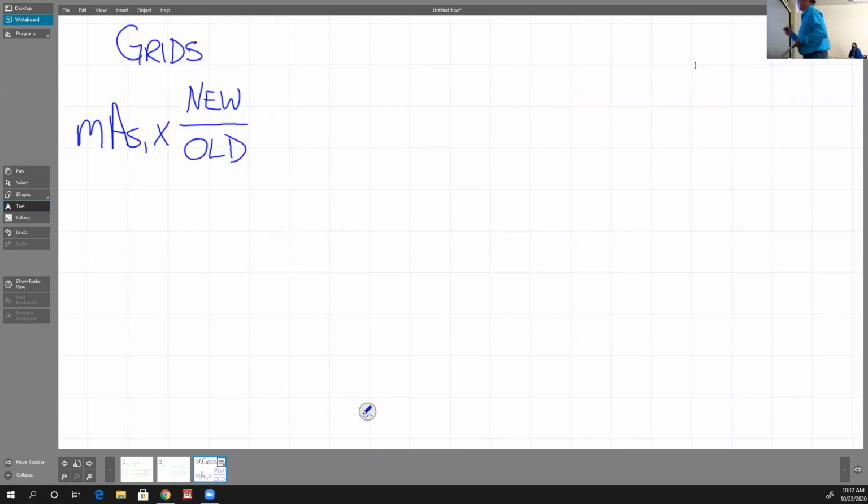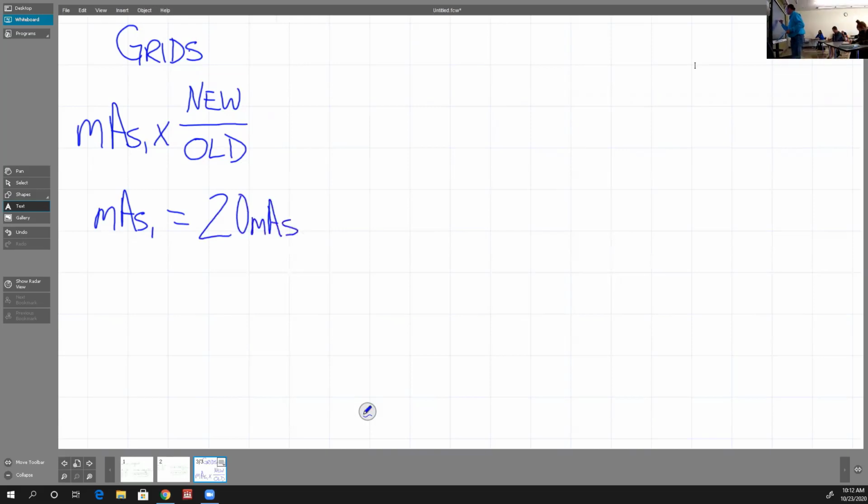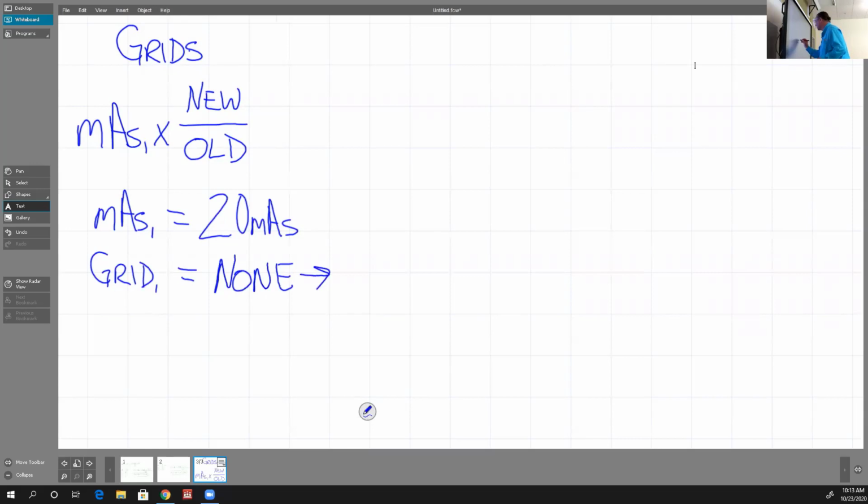So if I have mass 1 is 20, and grid 1 is none, what's the grid conversion factor for no grid? 1.